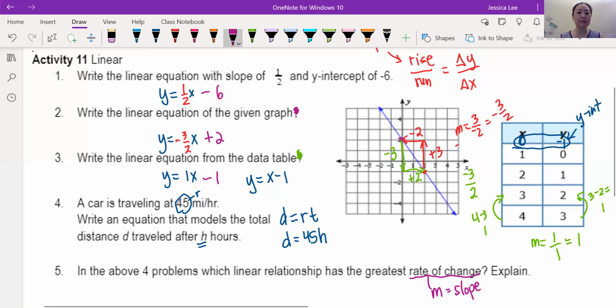In this case, it's kind of a no-brainer because we have 1/2, -3 over 2, 1, and then we have 45. If you wanted to write that as a fraction, it's 45 over 1, right? Which one's the biggest? It's definitely our last one, so our number 4, where the slope is equal to 45.